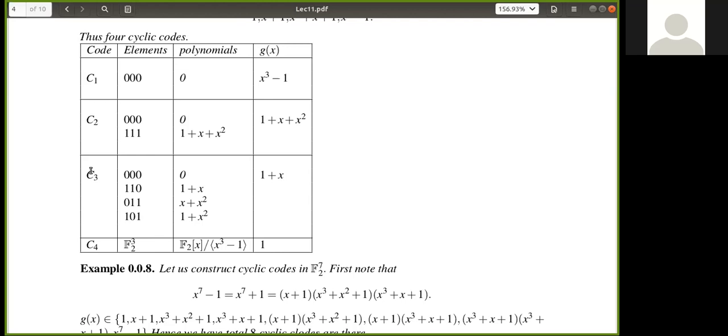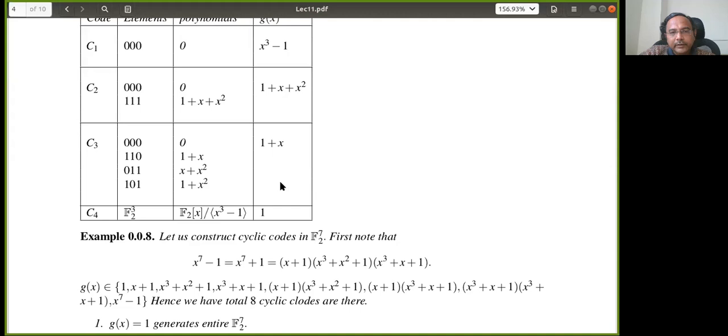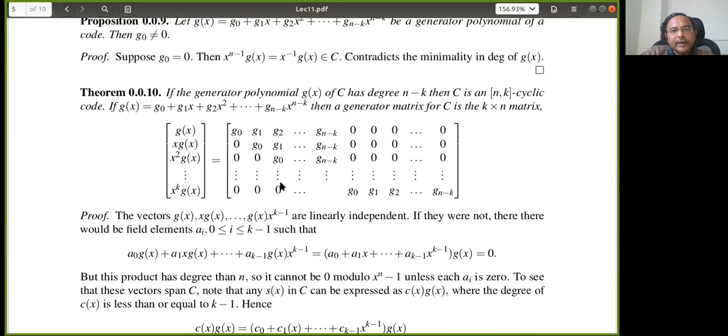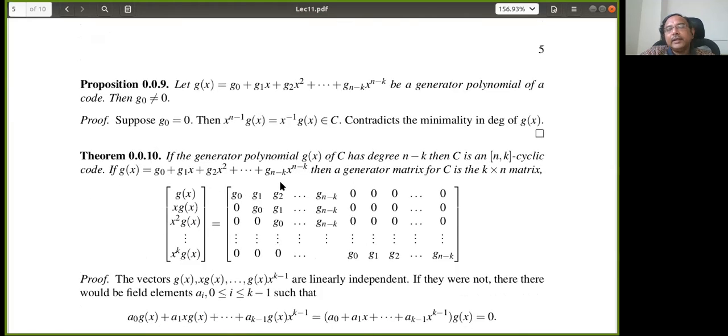K is 2. So the degree of this polynomial is 1, and I am taking the degree of the generator polynomial as n minus k. It is a little bit difficult at this juncture to understand this, but okay. So if the generator polynomial degree is n minus k, then C is an n comma k cyclic code.